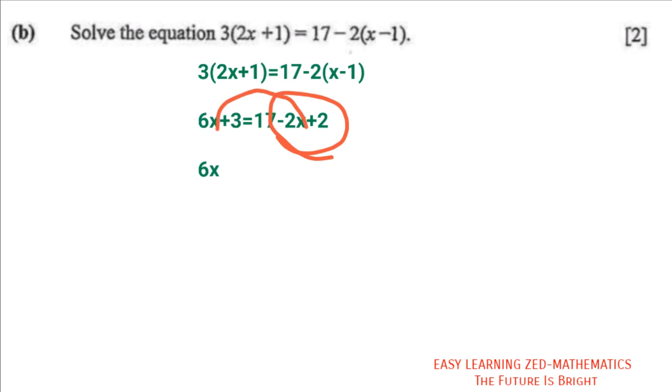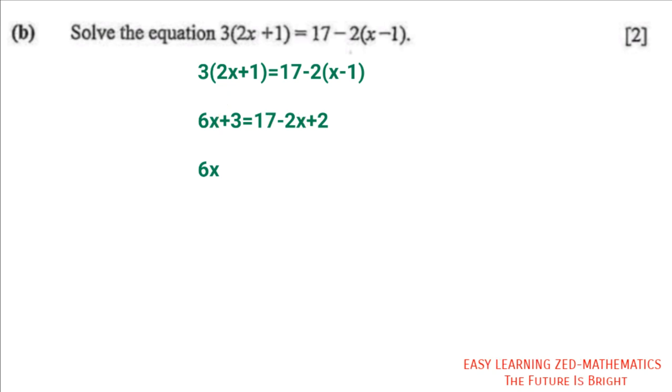That means it's going to change its sign. Since it's negative, it will be positive. So it's going to be positive 2x, which will be equal to 17. Then what is remaining on the right side is 2, so we say 17 plus 2.